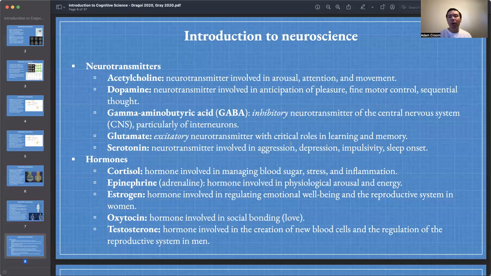Estrogen is a hormone involved in regulating emotional well-being and the reproductive system in women. Oxytocin is a hormone involved in social bonding, friendship, and love. And testosterone is a hormone involved in the creation of new blood cells and the regulation of the reproductive system in men.